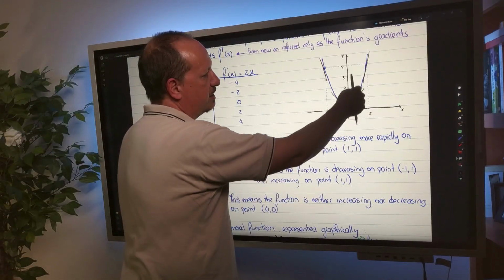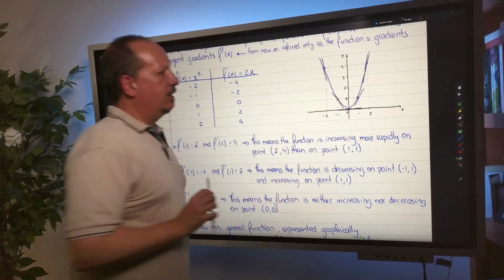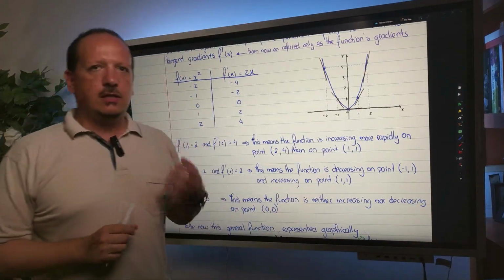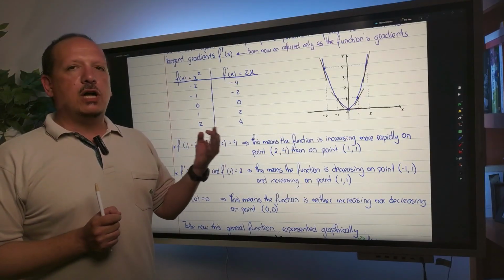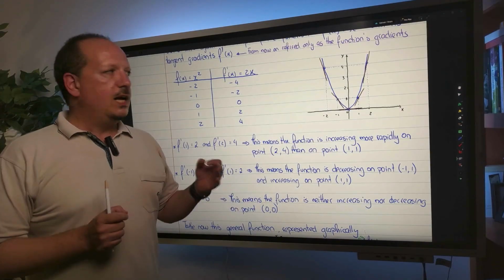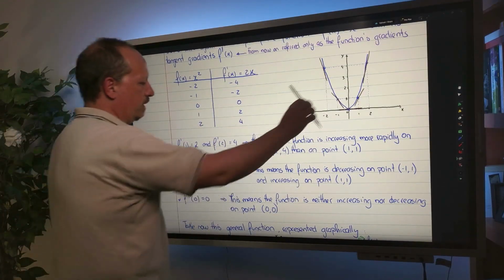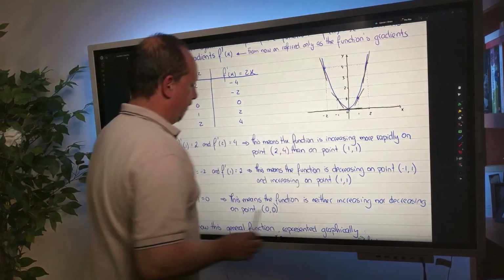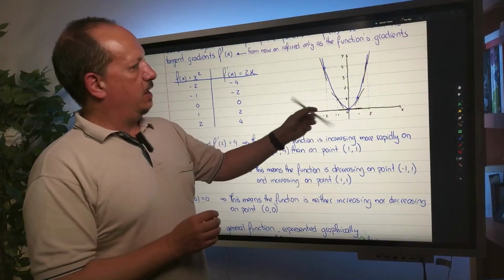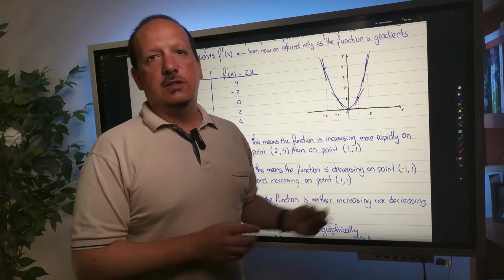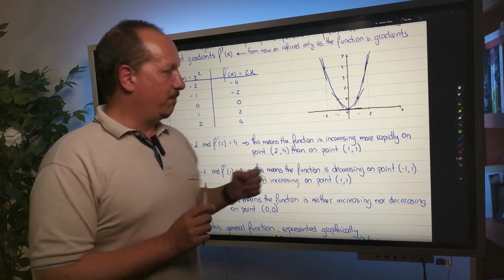Over here, it is increasing, okay? So the sign of the gradient will give you information about the monotony of the function, if it is decreasing or increasing. If the gradient is negative, like over here, the function is decreasing. If the gradient is positive, the function is increasing, right?